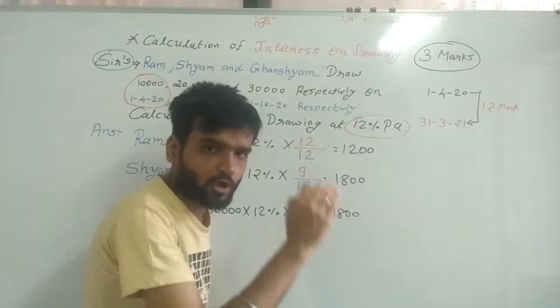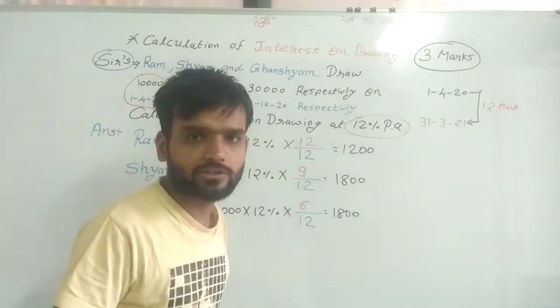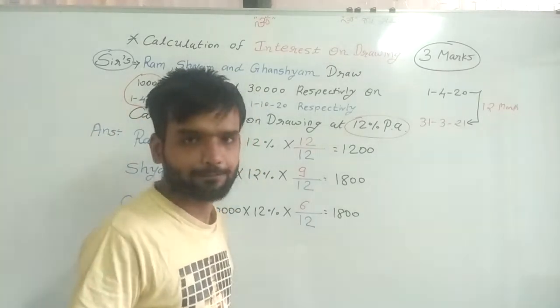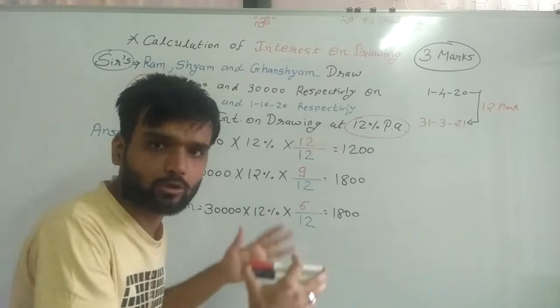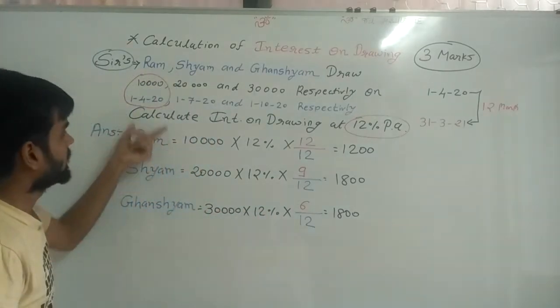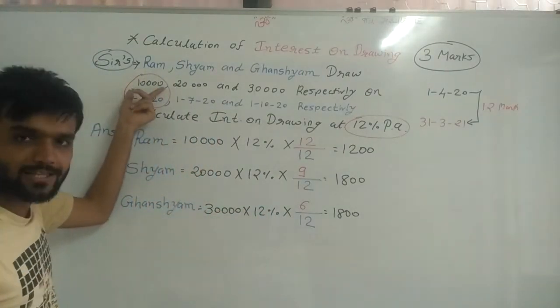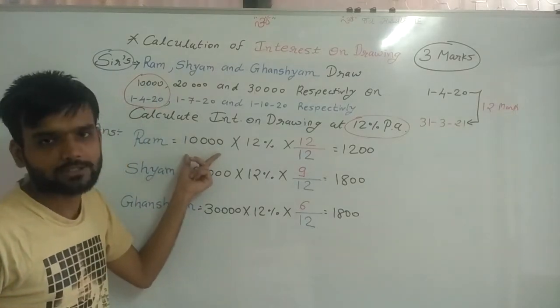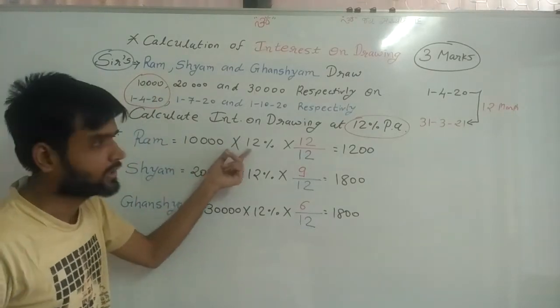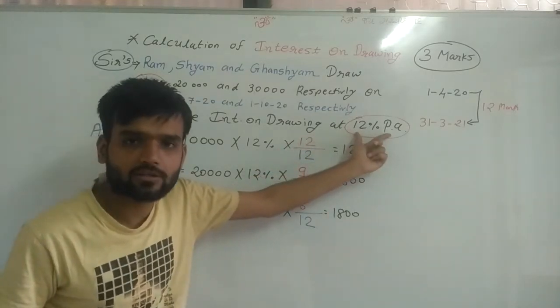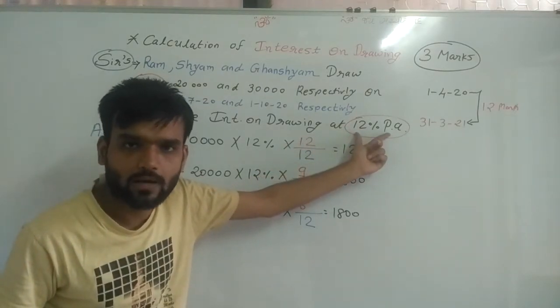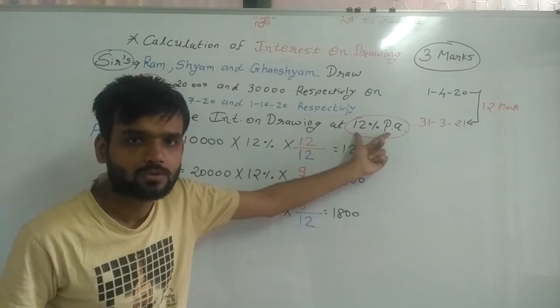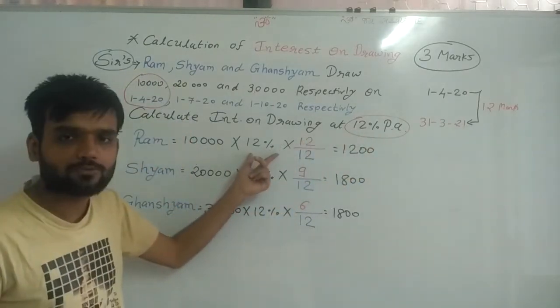But for Ram, we need to pay 12 months of interest. Now we need to calculate. For Ram, the amount of drawing is 10,000 rupees, into the interest rate percentage given, 12% per annum. So I write here 12%.